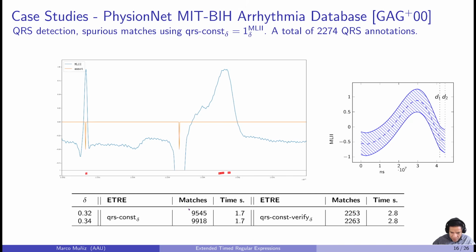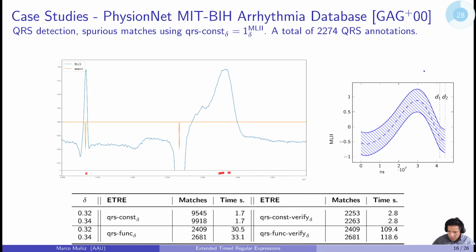Now, if we take these matches and take a conjunction with the annotations, which can be done in the tool, there are only 2,253 matches. So there is a number of repetitions, like what we can see here. We can do much better by doing a match using this polynomial, right?